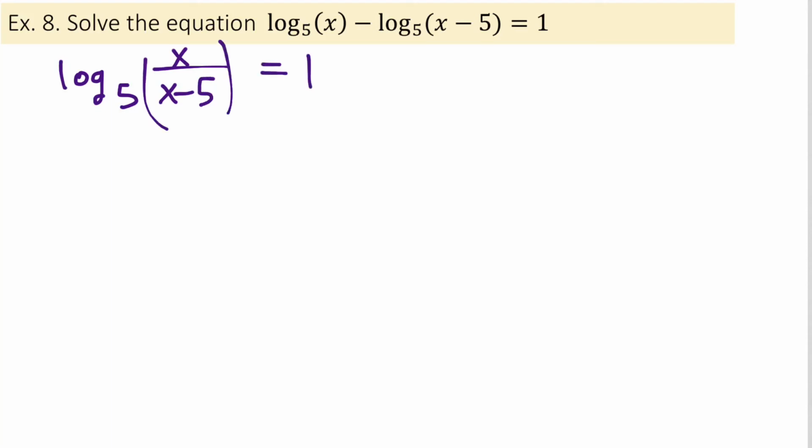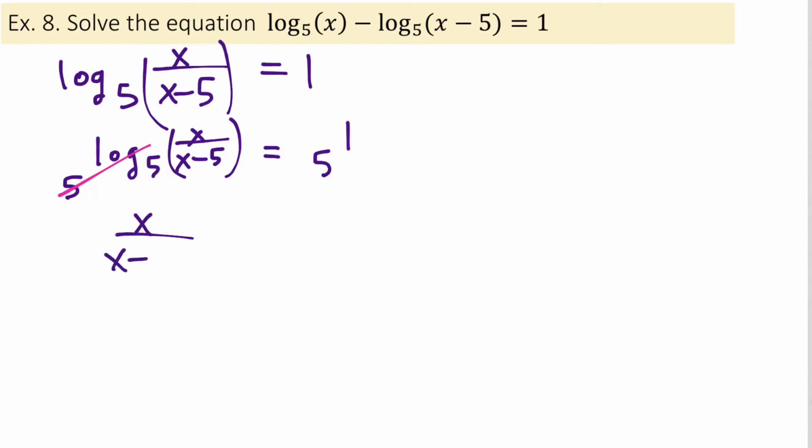So now I can raise both sides by base 5 to undo the log. So I can cross out my log, so I'll have x over x minus 5 is equal to 5 over 1.